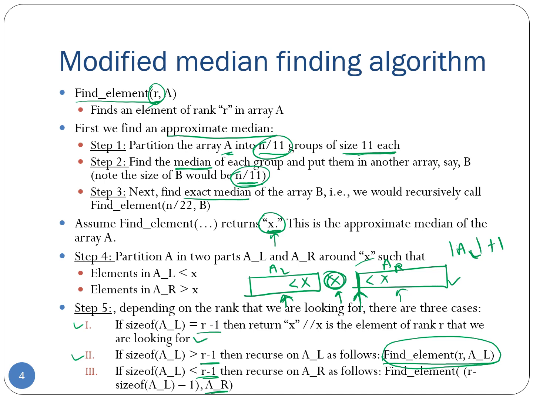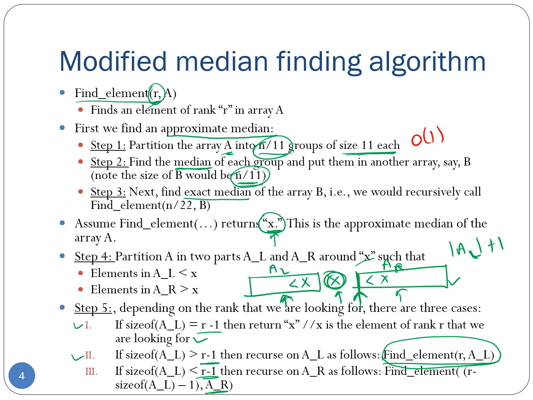Let's now think about the complexity of all of these operations. So let's start with finding the approximate median. Partitioning the array into n by 11 groups is at max a linear time operation, it doesn't take more than that, right?